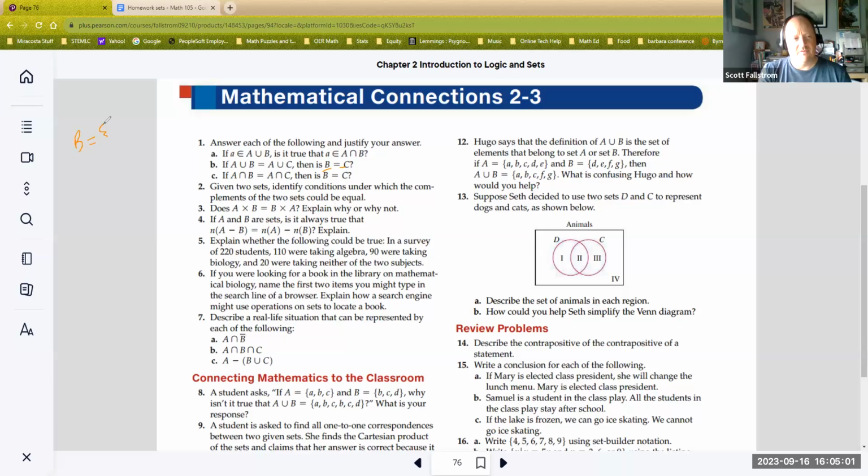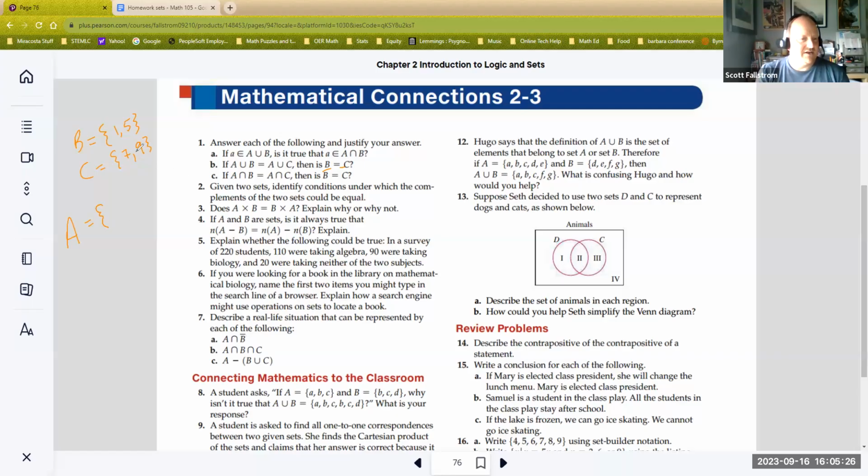But if you were thinking of saying, I want two sets that are not equal, pick two sets that are not equal and say, B does not equal C. Well, now you need a set A so that the union of A with B is the same as the union of A with C. So whatever you're thinking of has to be in at least one of the sets.